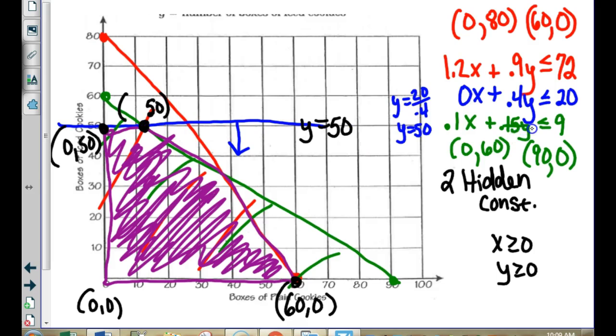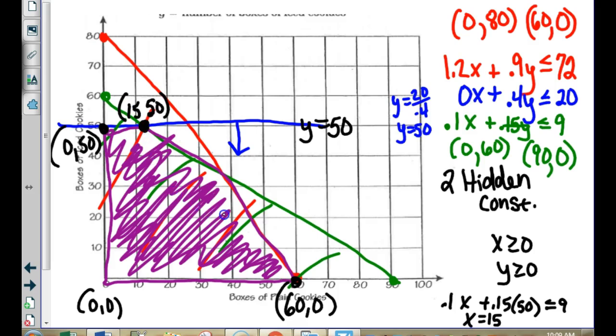So if we plugged 50 back into the green line, someone do 0.15 times 50. 7.5. That'll do 9 minus 7.5. And then divide by 0.1. Get 15, right? So this is actually (15, 50) is where that corner point is.